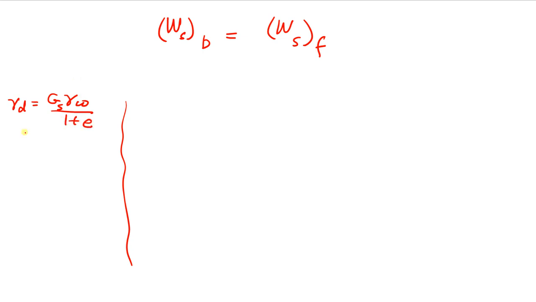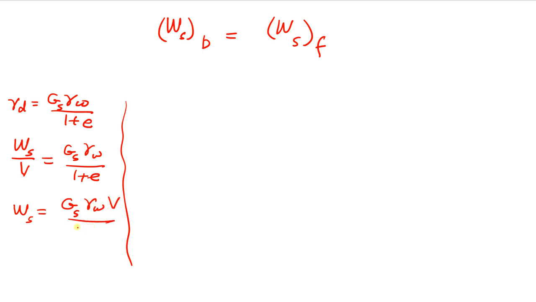This is the relationship we used earlier also. Now, gamma d is also weight of solids over total volume. It should be equal to Gs gamma w over 1 plus e. So if I bring this volume to the other side, weight of solids is going to be equal to Gs gamma w total volume over 1 plus e.